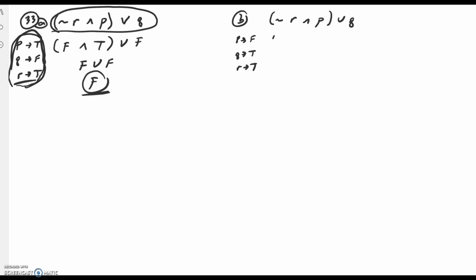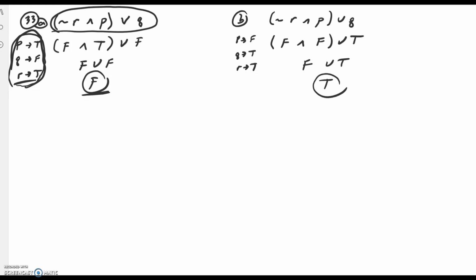And so let's do some substitution again. We have not R, but R is true, so not R is false. And we have P is false, or Q is true. False and false is false. False or true is true because an or statement's true when any part of it is true.